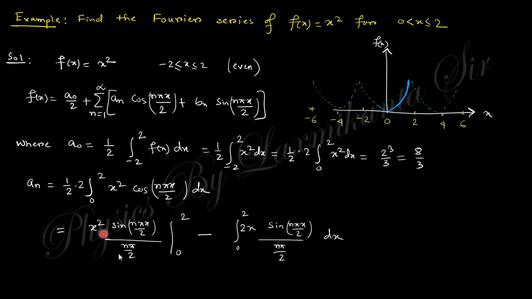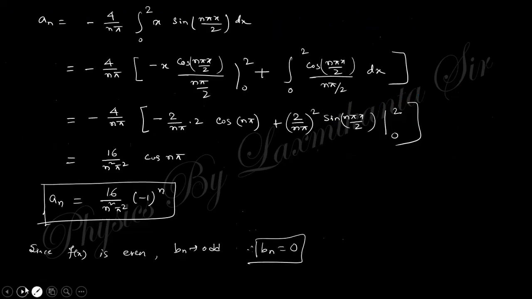Sorry, you can see here when we put x equal to 0, this is 0. When we put x equal to 2, you can see this is n pi. So in both cases this portion will be 0, but in that case you just take another by-parts method. You can see this will be, when n equals 2, like that. For x equal to 0, this is 0, and for this sine becomes cos, and you can see sine 0 is 0.